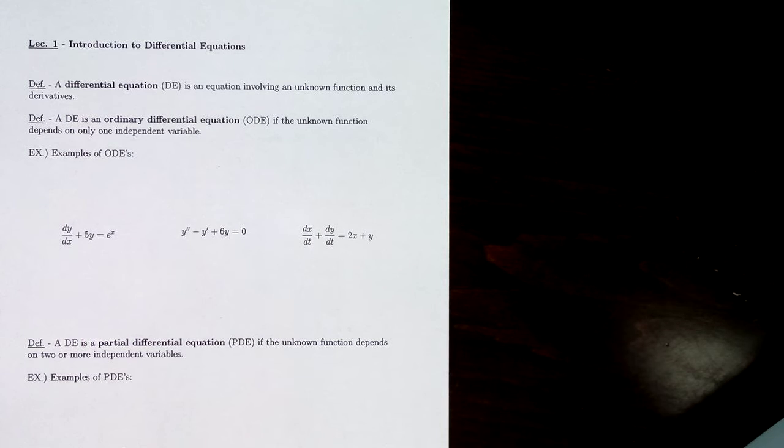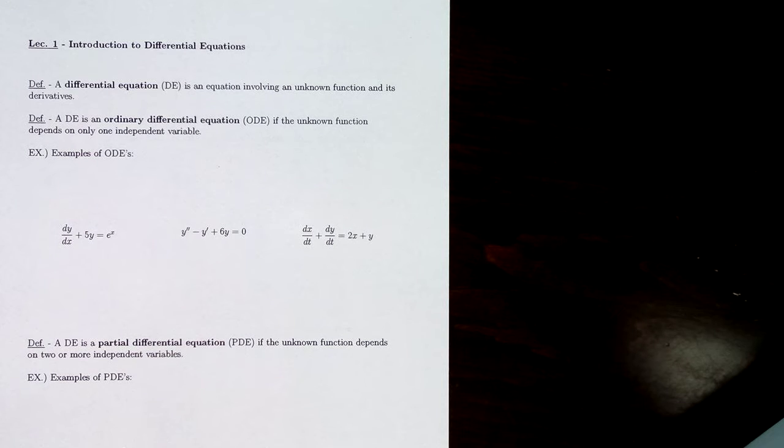Within differential equations, there's two big types. The first one, a DE, is an ordinary differential equation, and we'll denote that as ODE, if the unknown function depends on one independent variable. So basically, if y is a function of x and there's derivatives, that would be an ordinary differential equation.